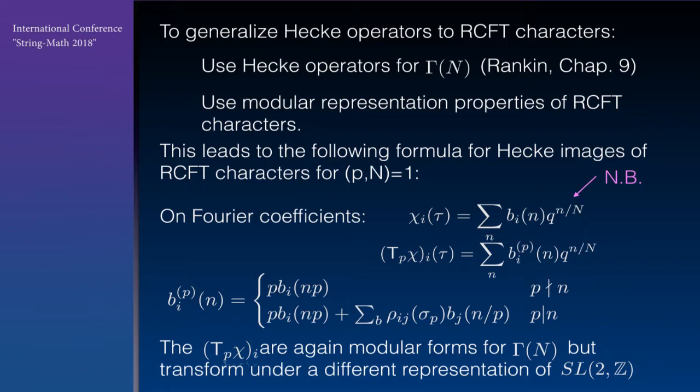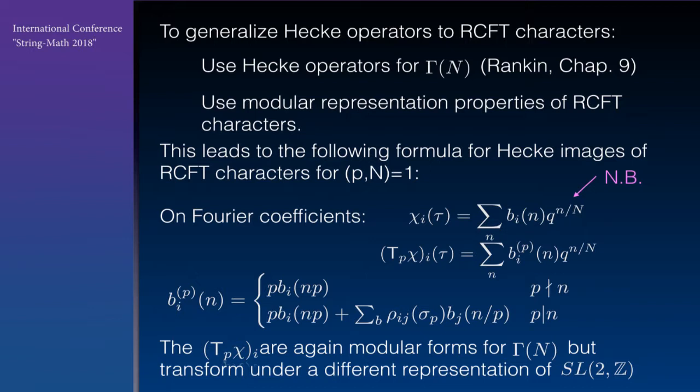On the Fourier coefficients, it's useful to write the characters not in the form that I wrote them earlier, where there's some fractional power of q and then an integer expansion, but rather to write them as some coefficients b_i of n, q to the little n over capital N, where N is the conductor of the rational conformal field theory.